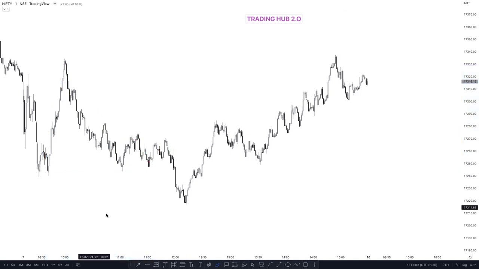Here, this one is our lowest point, which was broken by this move. It's a simple process. And where is our high? This one, right?